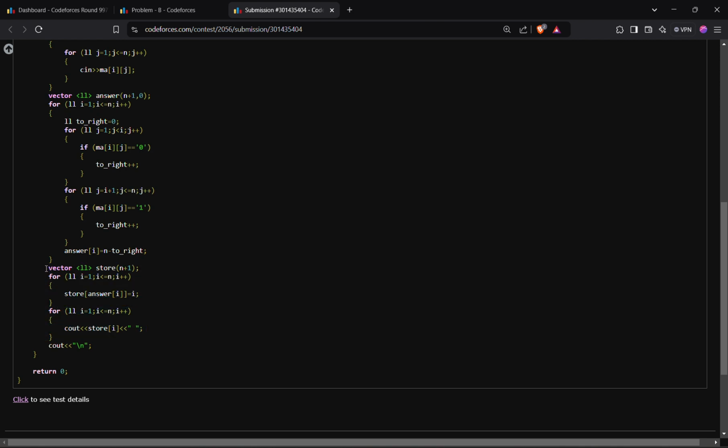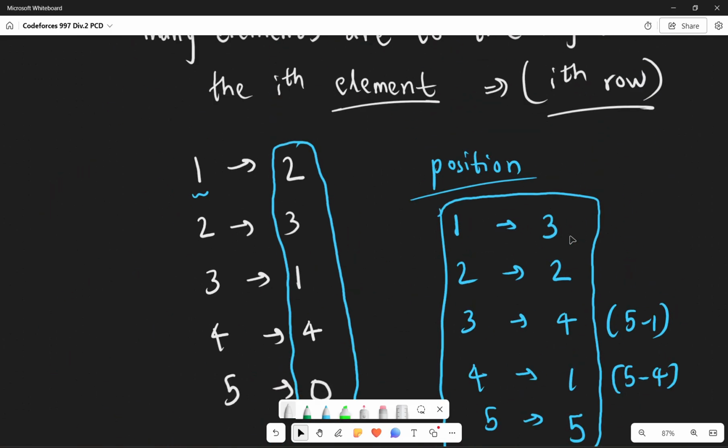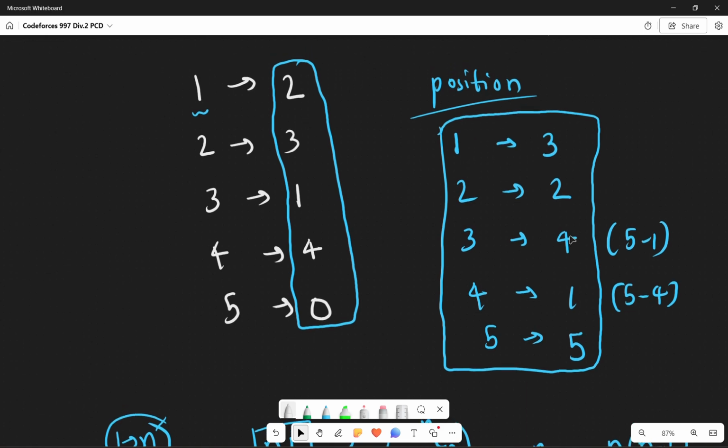After calculating the positions of the array, so basically here, after the for loop, for every edge, you know the position of every element, so you have to reverse it, right?